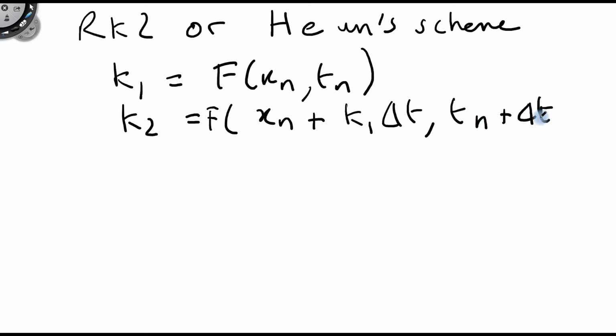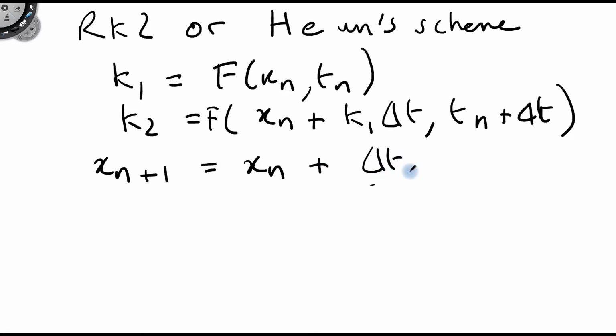These were derived by comparing two Taylor series, one of the method, one of the ordinary differential equation. And then a new value of x is simply x_n plus delta t on 2 times k1 plus k2.